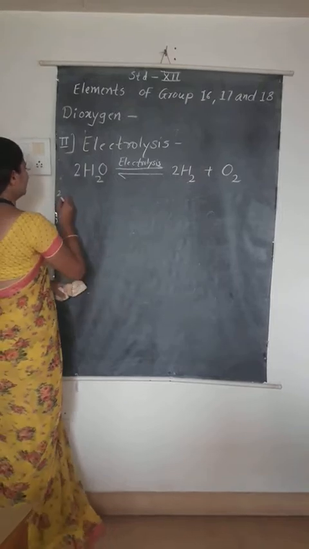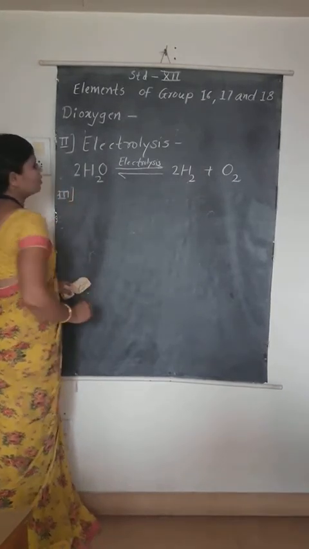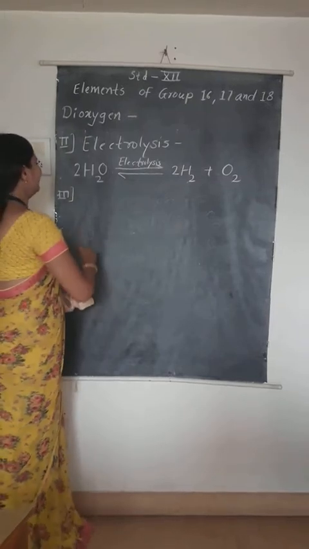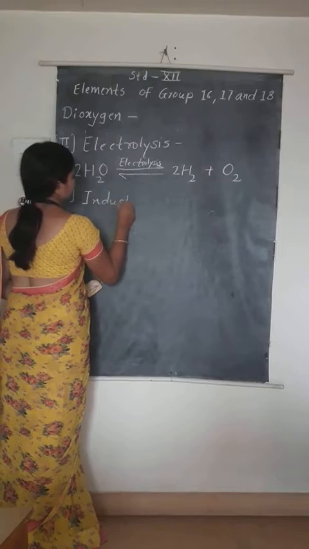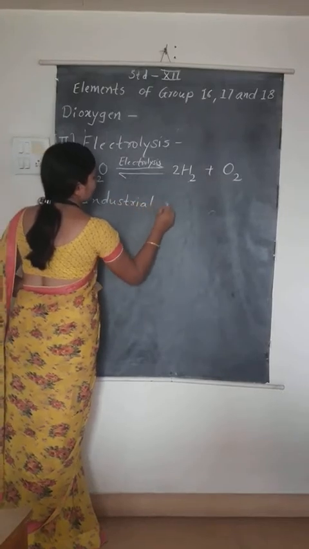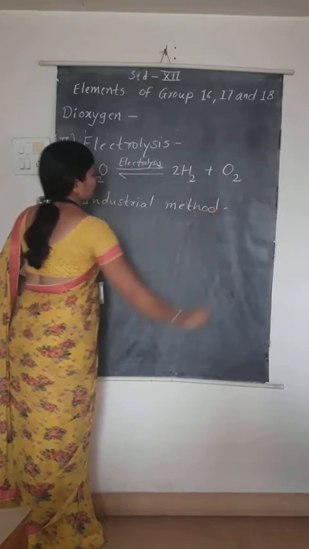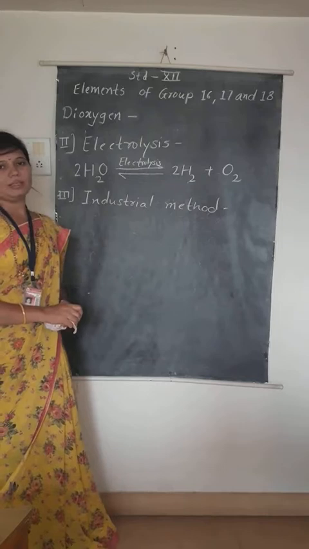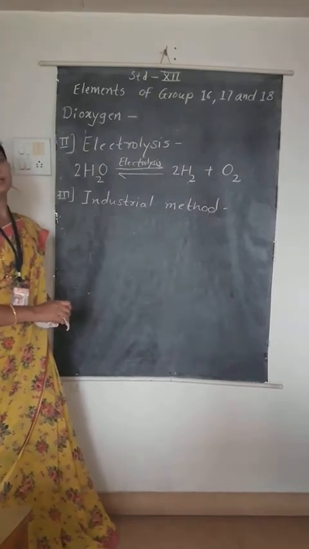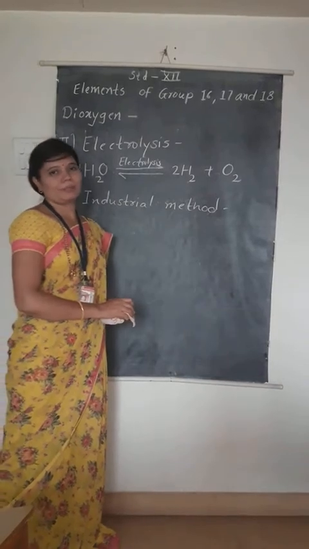Then next, preparation of dioxygen by industrial method. In the industrial method, dioxygen is prepared by fractional distillation of air.